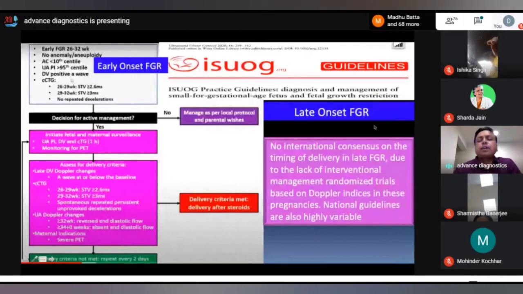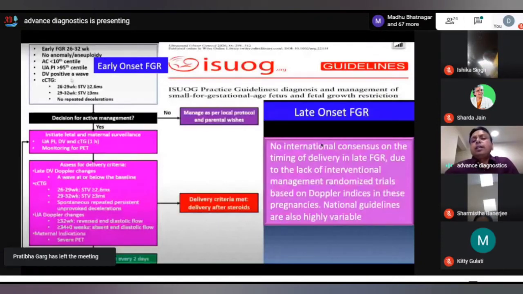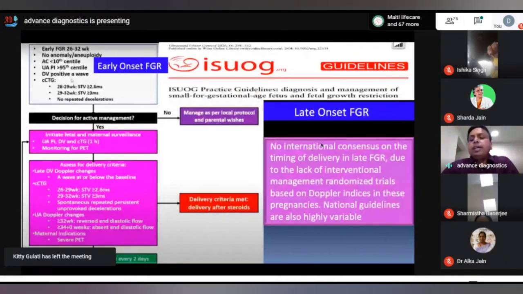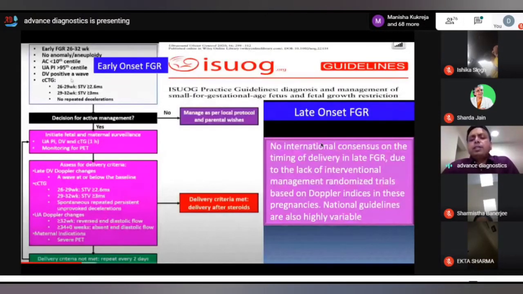As far as late onset FGR, this guideline says there is no international consensus on the timing of delivery in late FGR due to the lack of interventional randomized trials based on Doppler indices in this pregnancy, and national guidelines are also valid. That is why our favorite is Barcelona staging based management.